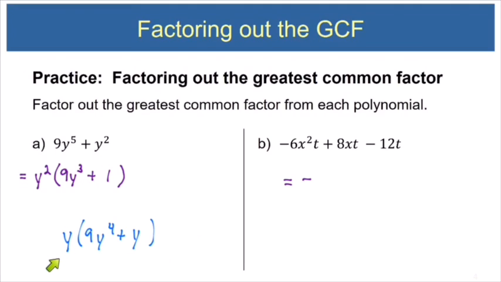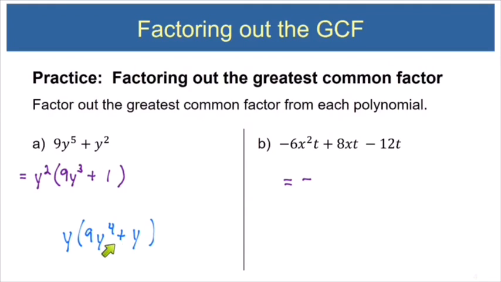Now here is another mistake that I see students make a lot. Notice in this answer, if we were to distribute the y, we'd get 9y to the fifth plus y squared, which is what our problem said. So if you just redistribute to check your answer, then you'll think you got it right.